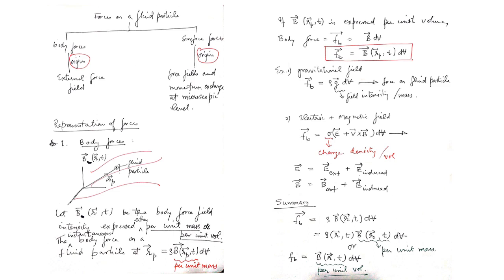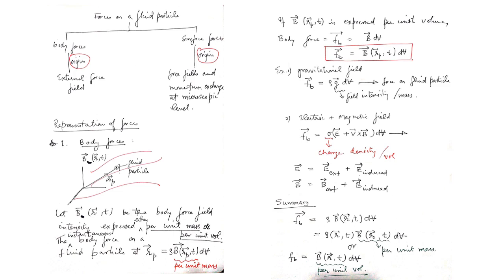And if it is expressed per unit mass, then you have to multiply with the mass of the particle at that point. The mass of the particle would be the density times the notional differential volume. Remember, we had talked about this earlier, that notionally each fluid particle has a differential volume dV.